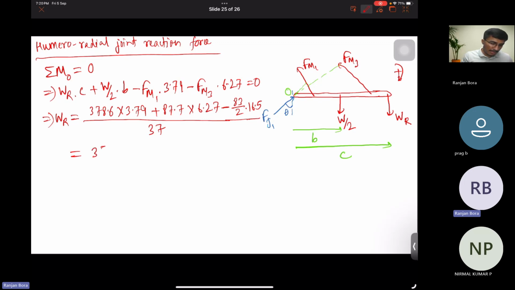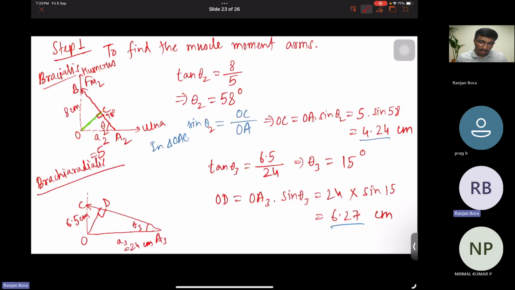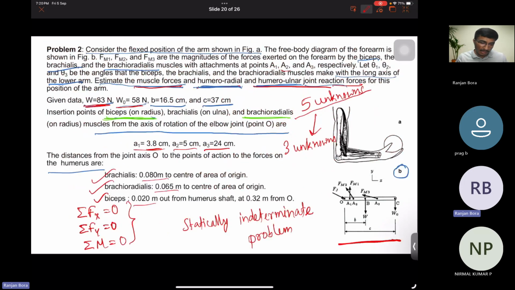So WR is coming 35.1 Newton. This much force will act on the radius bone. The total weight held by the hand is given 58, and the remaining amount will act on the ulna bone.